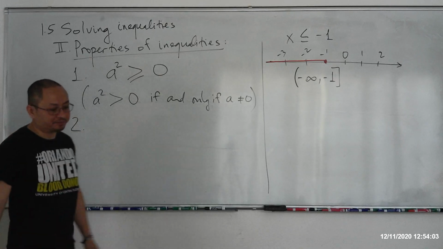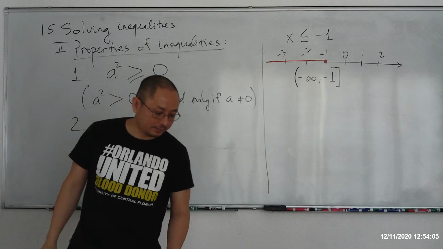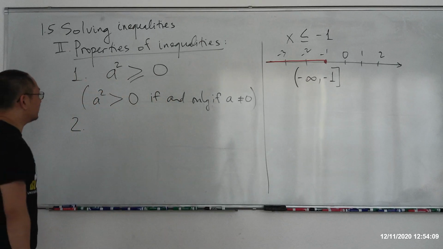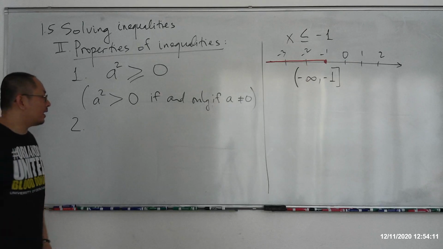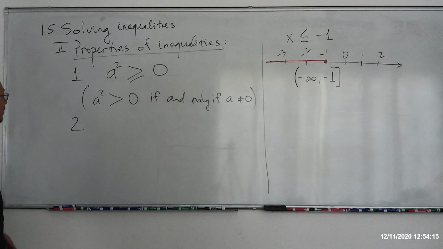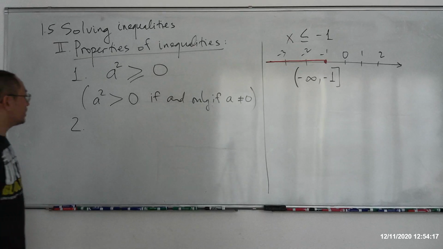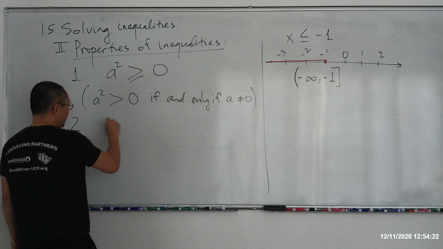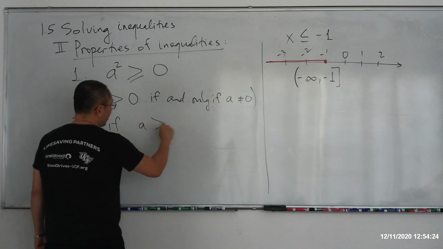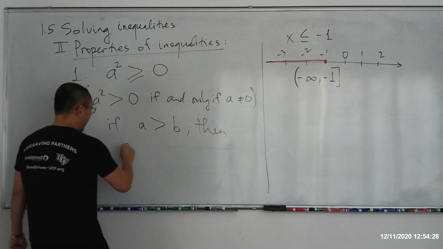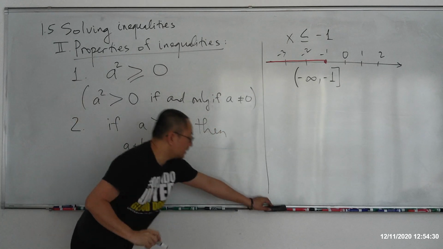Second property, if you have an inequality and you add a number on both sides of the inequality, regardless of the sign of that number, could be a positive number, could be a negative number. Whenever you guys add a number to an inequality, you have the same inequality. So this is saying this. If A is bigger than B, then A plus C, not D, right?